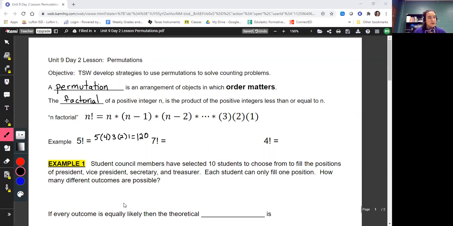So 7 factorial, 7 times 6 times 5 times 4 times 3 times 2 times 1, is 5,040. And then 4 factorial is 24.